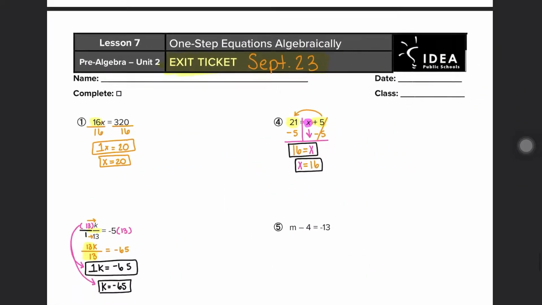Now let's go to number 5. Number 5 says m minus 4 equals negative 13. So again, class, we have a constant of negative 4 and a constant of negative 13.